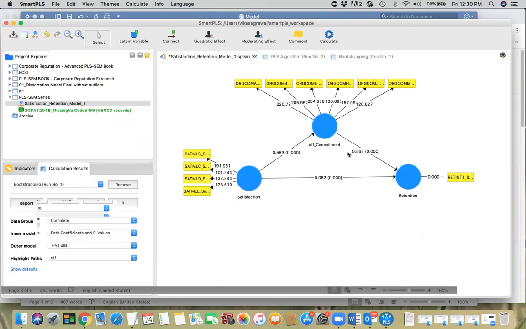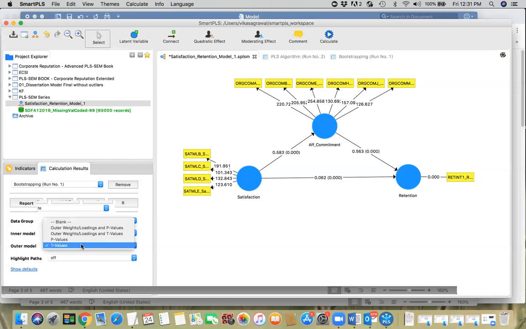The p-values show that all these five path coefficients are significant at the 0.05 level, and they're very strong. As you know, these are all standardized coefficients, so they range anywhere between -1 and +1.